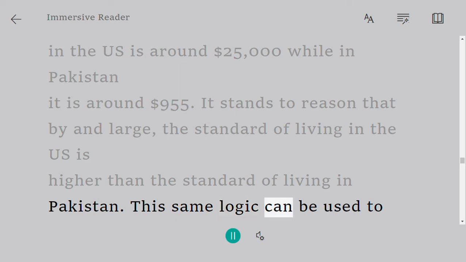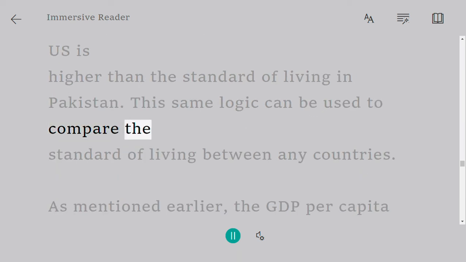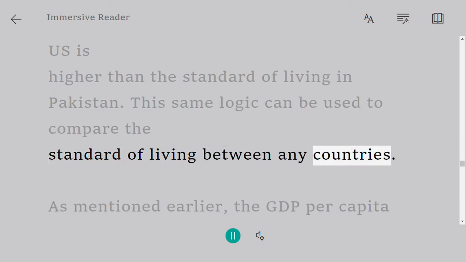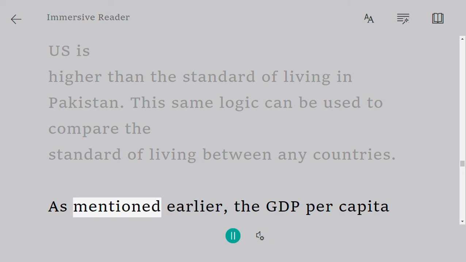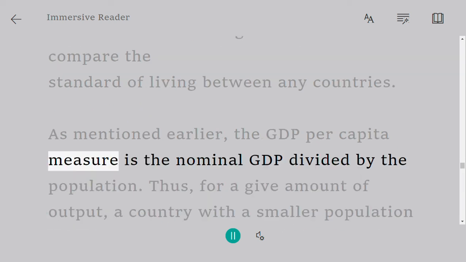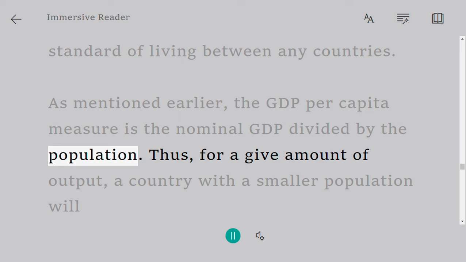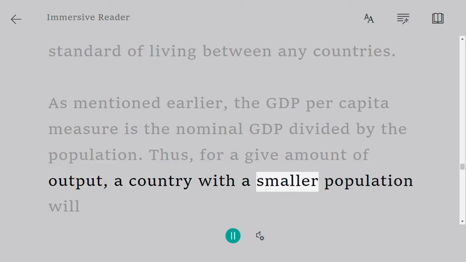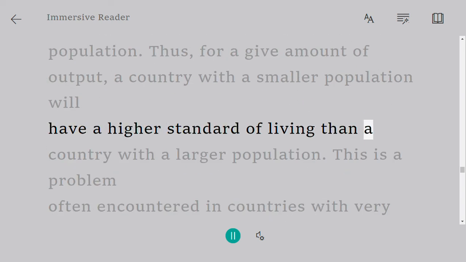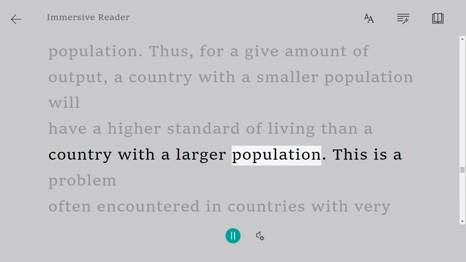This same logic can be used to compare the standard of living between any countries. As mentioned earlier, the GDP per capita measure is the nominal GDP divided by the population. Thus, for a given amount of output, a country with a smaller population will have a higher standard of living than a country with a larger population.